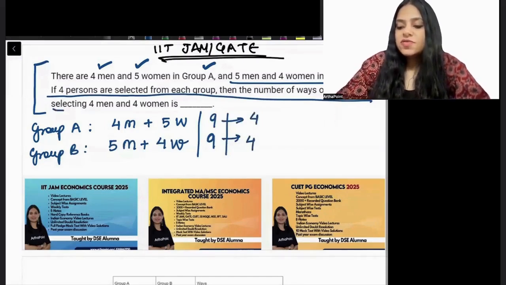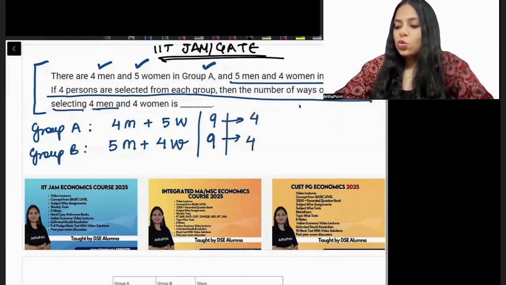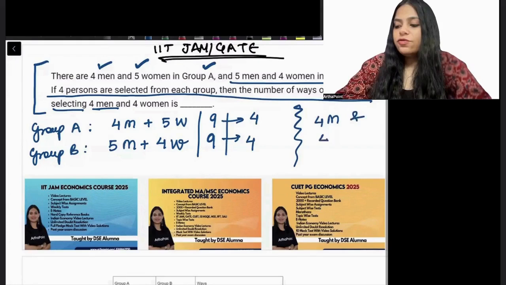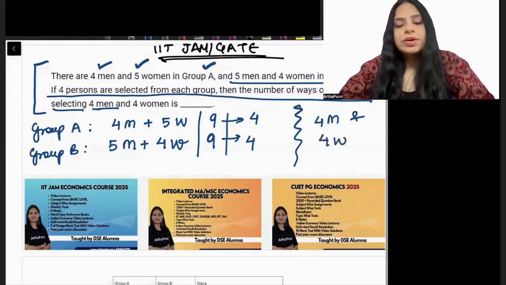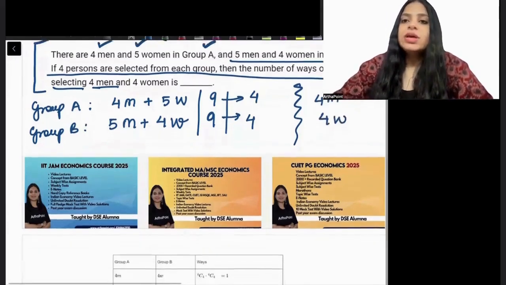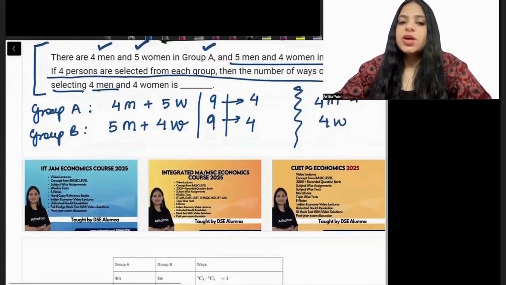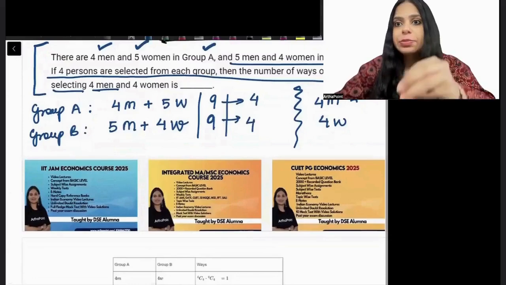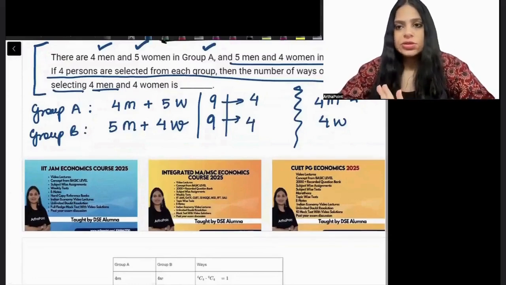The number of ways of selecting 4 men, and in total, I need 4 men and 4 women in this group. Am I clear? Now, there are different ways in which you can go ahead and make different permutations and combinations here, right?